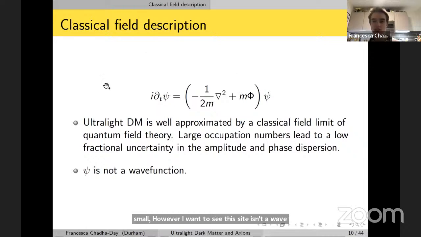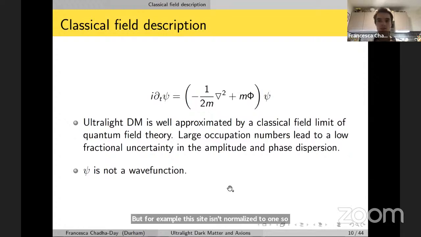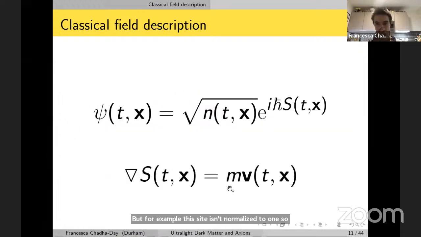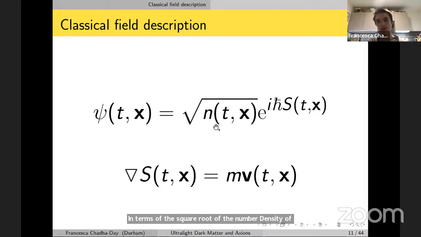The fact that this looks like a Schrödinger equation is very useful because there's a lot of established methods for solving Schrödinger equations. But for example, this psi isn't normalized to 1, so we can't think of it as a wave function. What we find is that we can write this psi in terms of the square root of the number density of the ultralight dark matter particles.